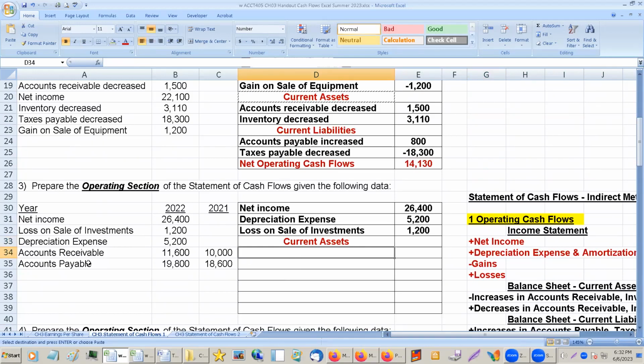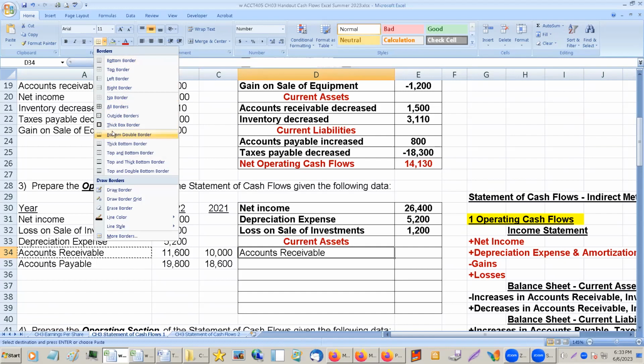Our current asset we have is our accounts receivable. Now it went from 10,000 in 2021 to 11,600 in 2022. Increase or decrease? Was that an increase or a decrease?